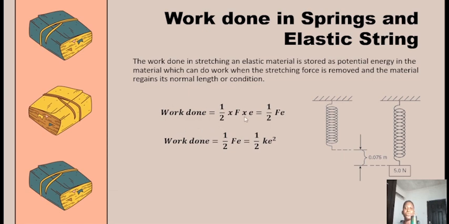You know that work done is force times distance. This is just as if we're talking about the average work done. If you have force and distance, for an elastic material the distance is represented as the extension. That is why we have this formula, which is 1 over 2 times F times E. How we derive this formula, we're going to go to our board to explain very quickly. So let's clear the board.